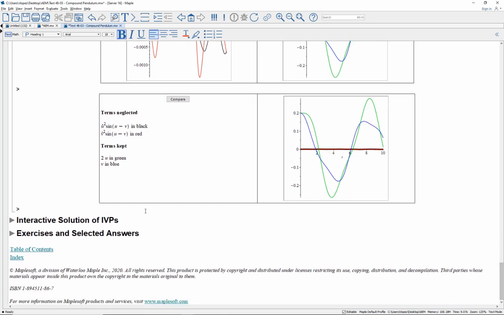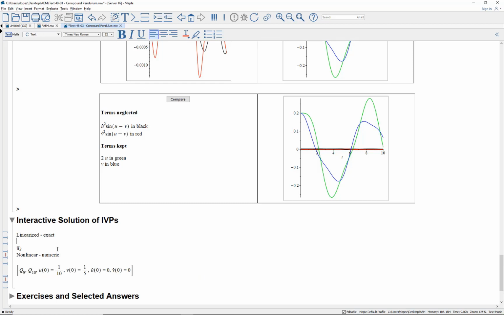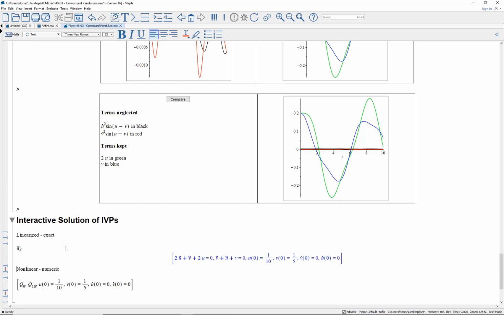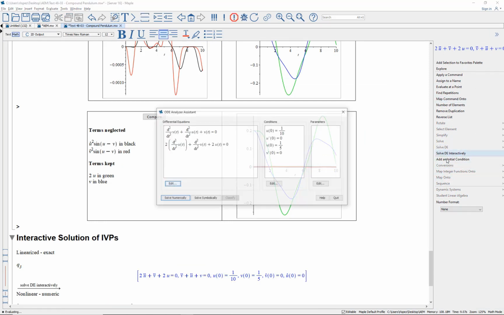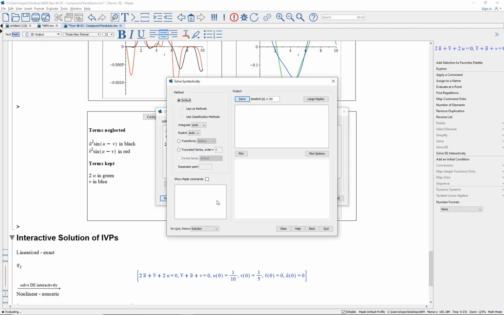Final thought here. The solutions of these differential equations can be done syntax free. So here is one of the cases, the leftmost case that we considered. This is the initial value problem that we want to solve. If you go here to the context panel and select solve interactively, the problem is in place. This one can be solved symbolically.